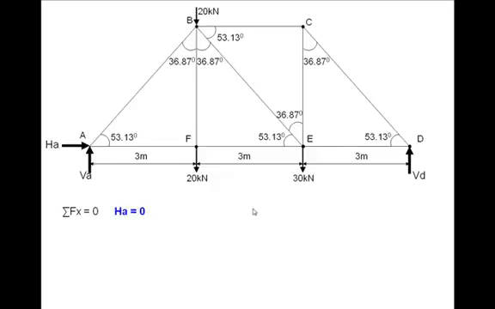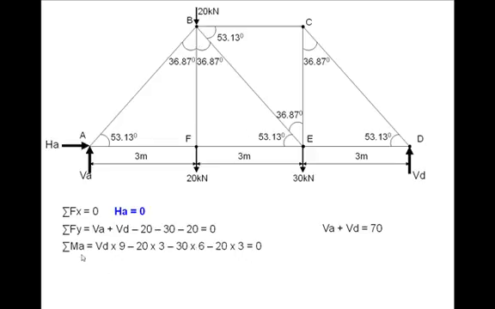Sigma Fx = 0 straight away gives HA = 0. Sigma Fy = 0 tells me VA + VD = 70. We have just added the vertical loads, VA, VD, and then 20, 30, and 20, written with negative sign because they act downwards in the negative y direction.